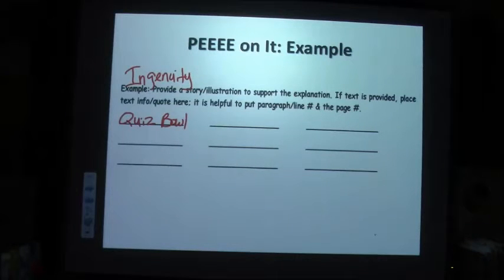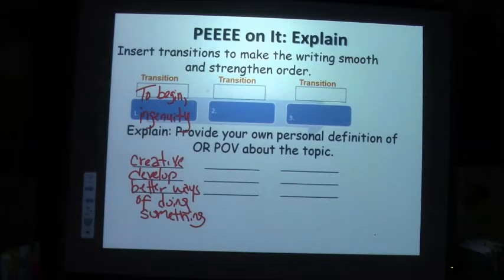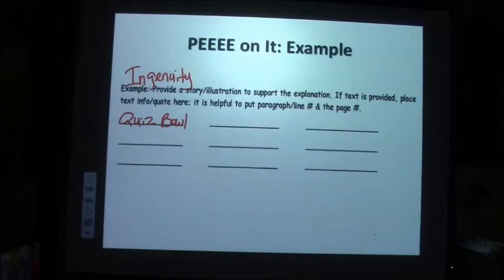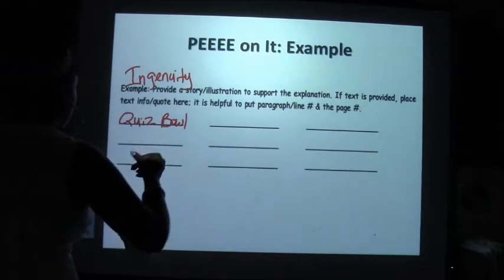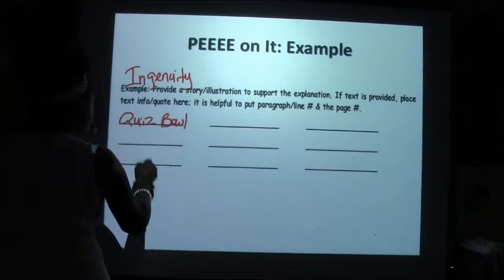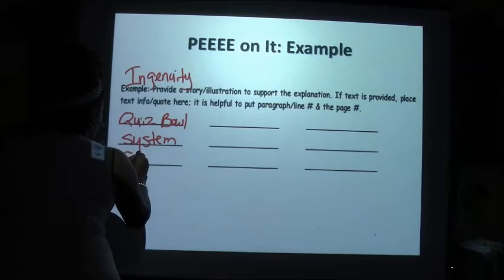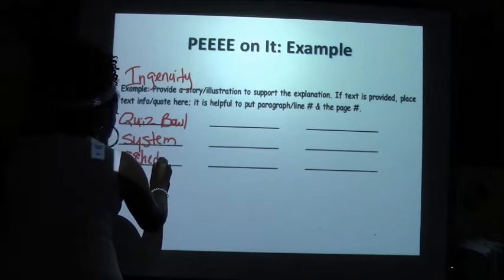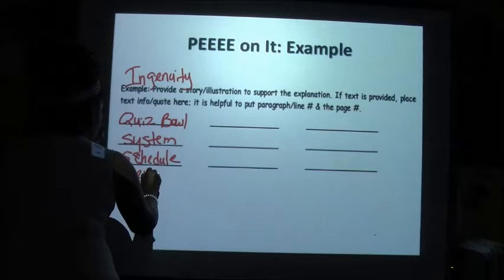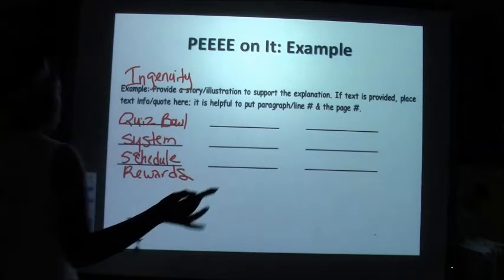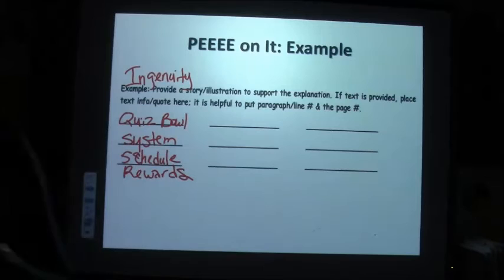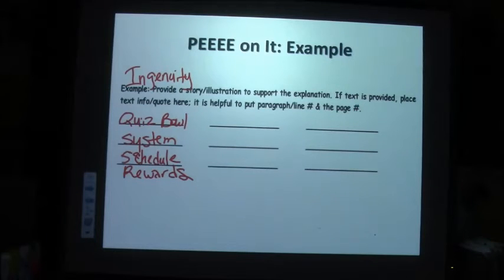All right. And let's go back to the creative. Develop better ways of doing something. So I got Quiz Bowl, and I could put, so the teachers had to try to figure out what would be the best way to teach this, or to get kids involved in Quiz Bowl, to make them want to do it, to make them want to win.